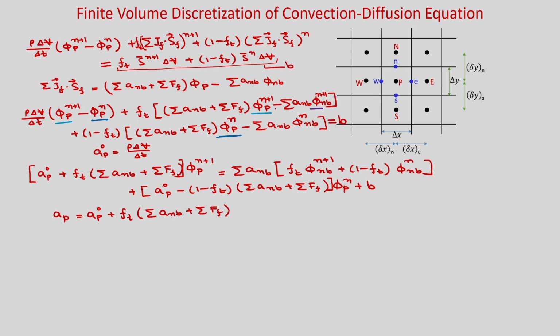So, this is your diagonal coefficient and a p naught is your rho delta v by delta t. And we have b. So, b is f t s bar n plus 1 delta v plus 1 minus f t s bar n delta v.